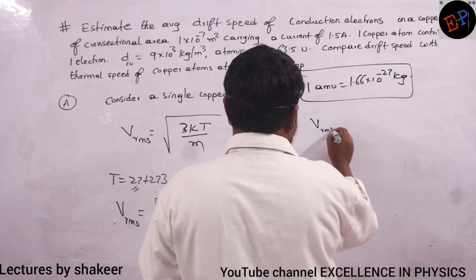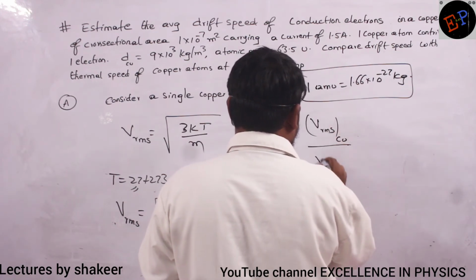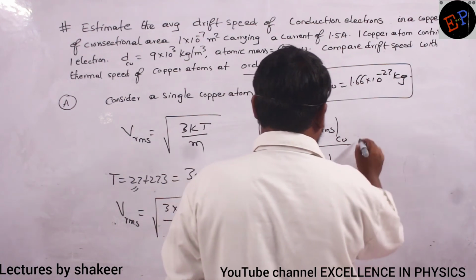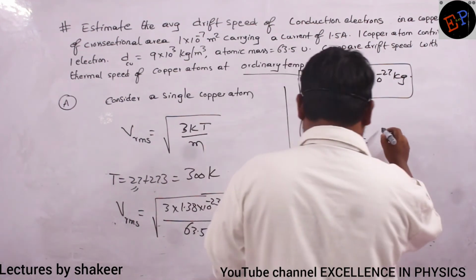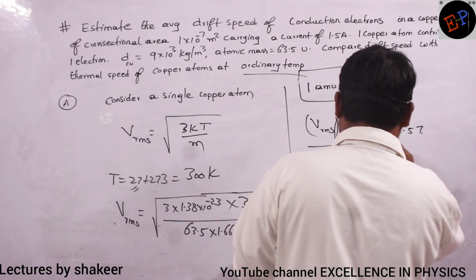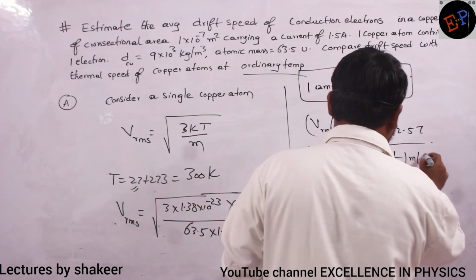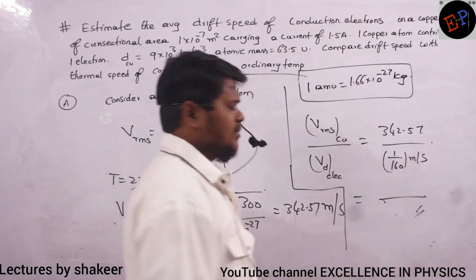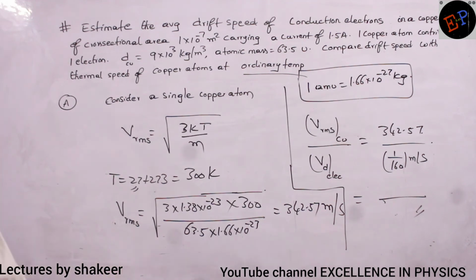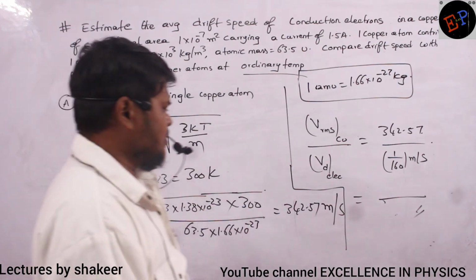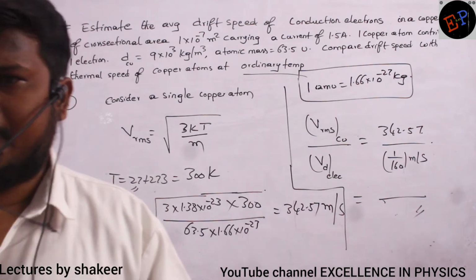So Vrms of copper divided by drift speed of electron. Vrms of copper is 342.57 and the drift speed of electron is 1 by 160 meters per second. So just do this calculation, that is the comparison. Are you able to understand? He has taken it in the opposite sense. Do this calculation, you will get the answer.